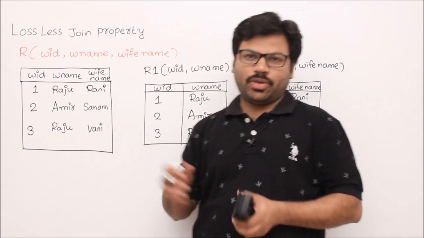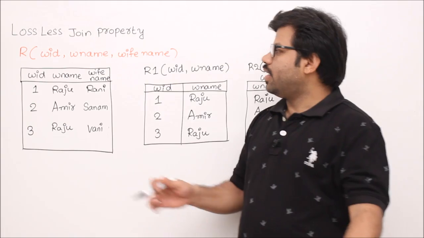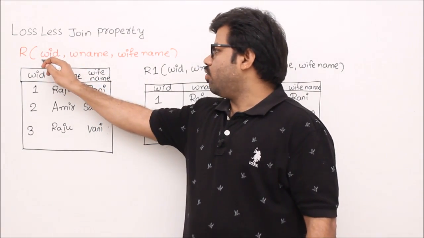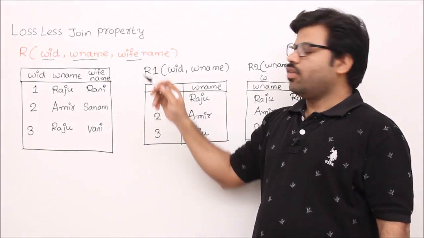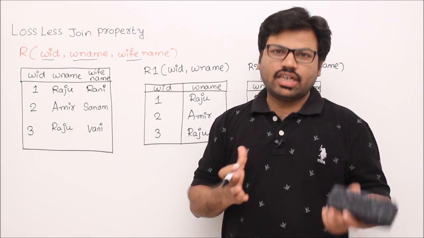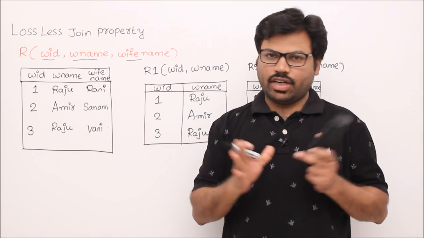Let's see lossless join property. Let me explain you lossless join property with example. Take this table R, which is actually watchman table. That contains watchman ID, unique identification number, watchman name and wife name. Forget about the associations, otherwise functional dependencies. Due to your functional dependencies, let's say your table is not in third normal form or BCNF, whatever.